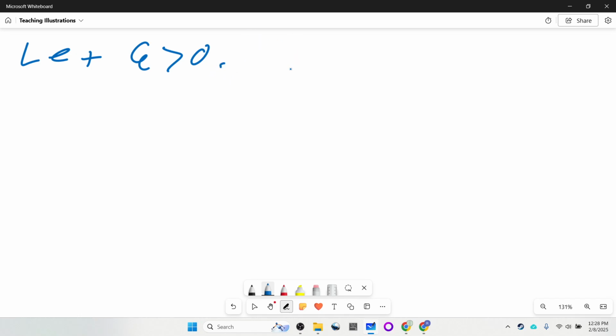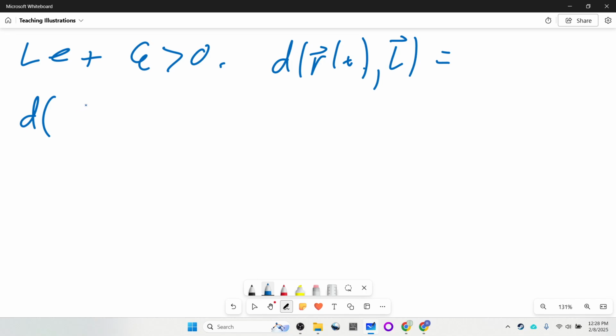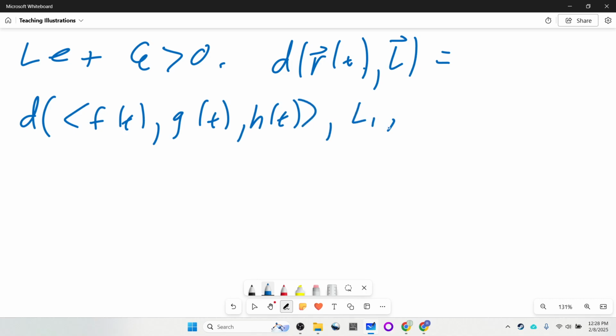So the distance between r of t and vector L would be the distance of, let's see, r is f of t, g of t, h of t, and L1, L2, L3. If we break L into its pieces, they should just be 3 different numbers.